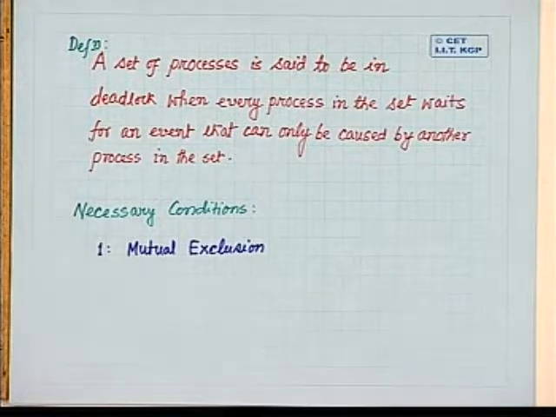A printer cannot be simultaneously shared by more than one process, because in that case the output of different processes will get mixed up, and from the printout you will not be able to understand which is what. So there must be at least one resource in the system which cannot be shared by more than one process. That is the first condition for the occurrence of deadlock.